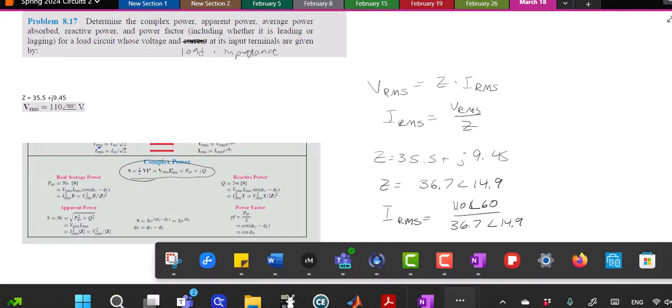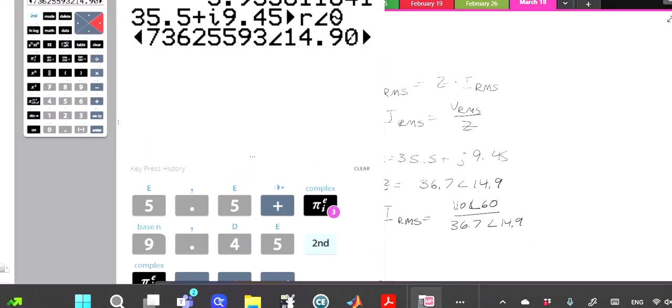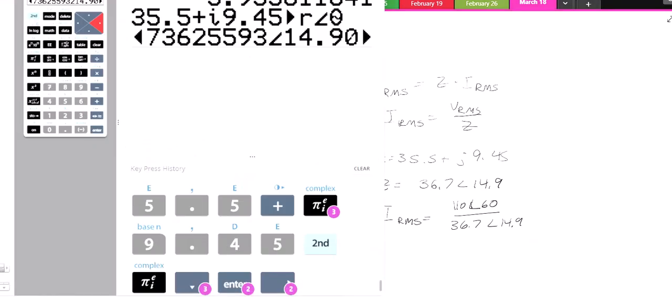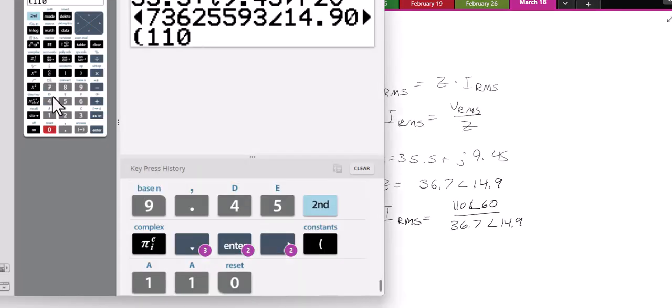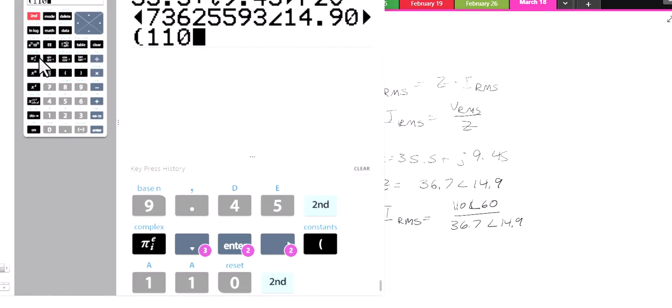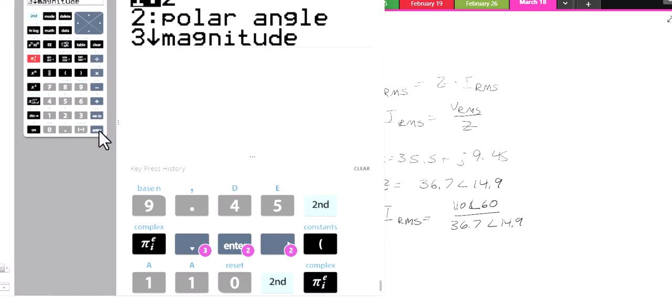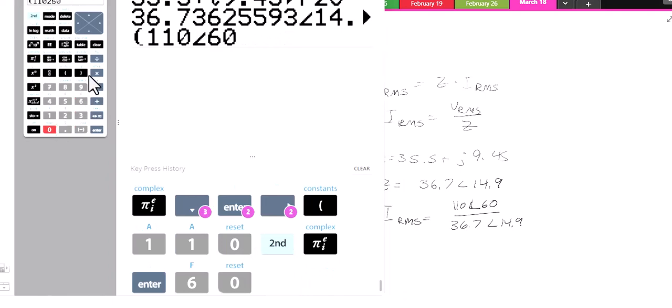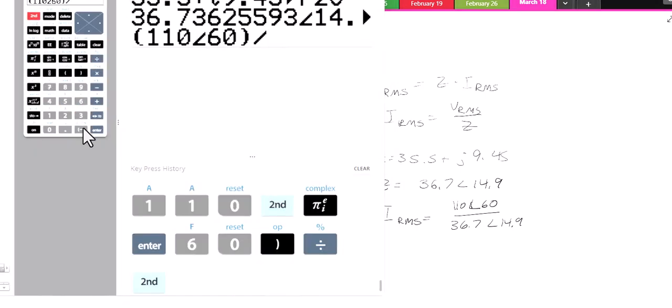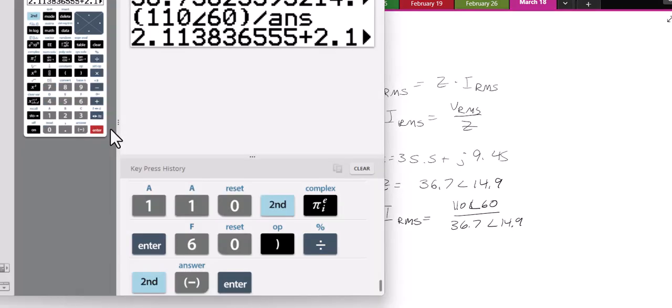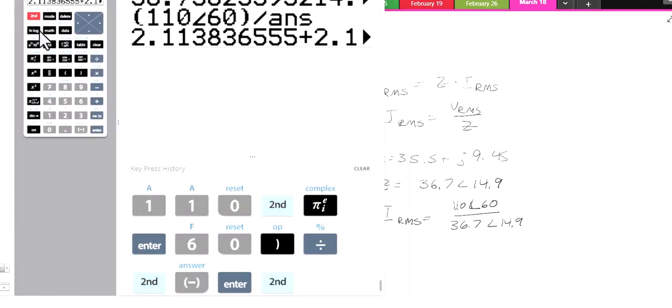Now I can either do this by hand or my calculator will do it for me. So 110 angle 60 divided by the answer that I just had. Change that to polar.